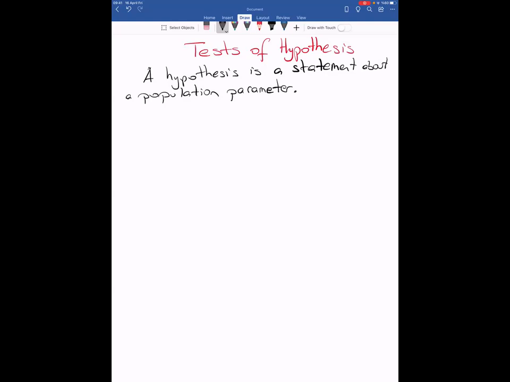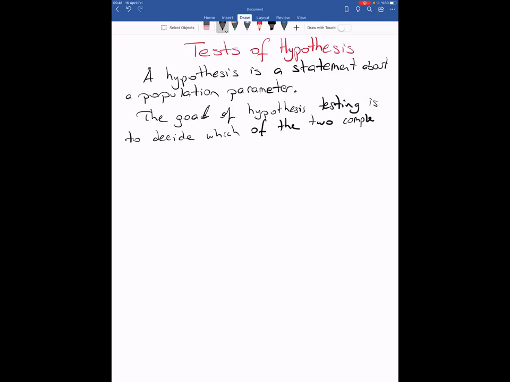So the aim or goal of hypothesis testing is to make a decision, to decide which of the two complementary hypotheses is true.